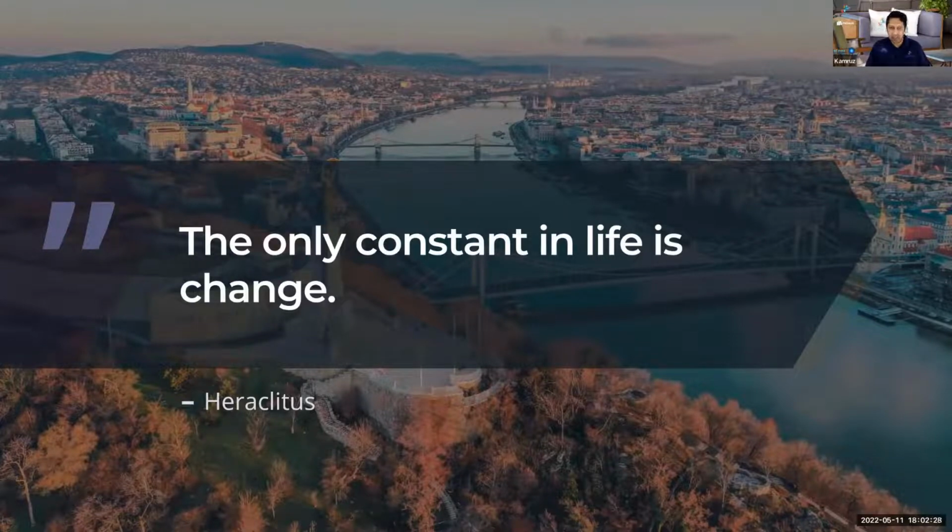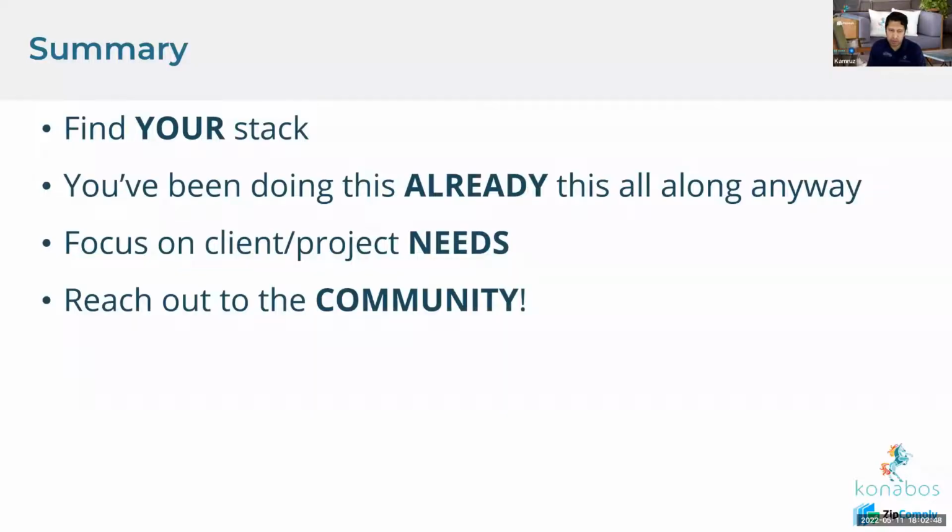I started my life as a static HTML developer, and then I moved on to doing ASP 3.0 or classic ASP. Then I did web forms, did MVC, and now we're heading more in the composable direction. But it's important to find your stack, find the sets of services and products that work for you.